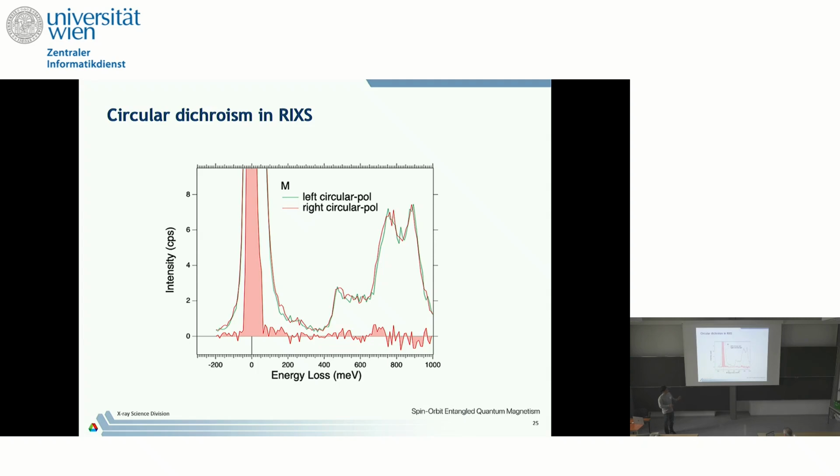But when I measure this, one thing is odd to me: this dd excitation, which is split by trigonal distortion, has its energy a little bit shifted. It's very tiny, but if you see this difference, it's up and down, that means there's some dichroism of the d excitation.